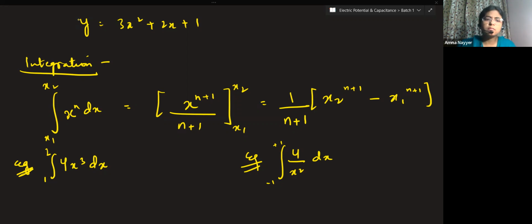Once we have discussed both these examples, we'll be discussing potential. So just submit your answers quickly. Both of these are very easy.